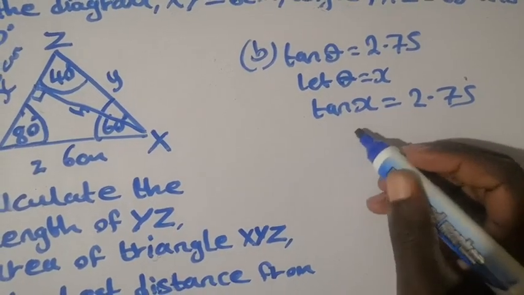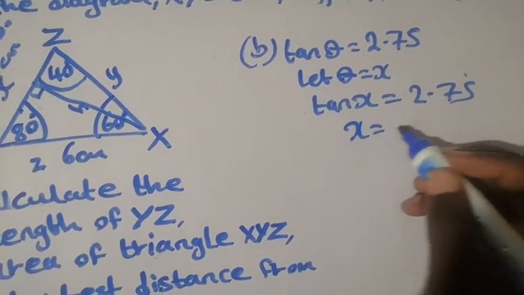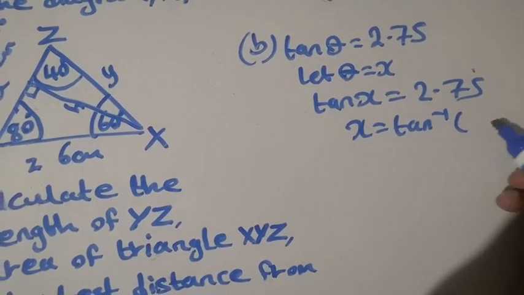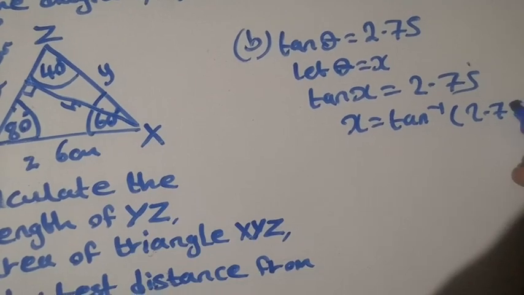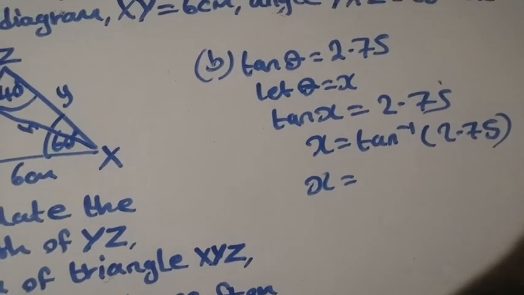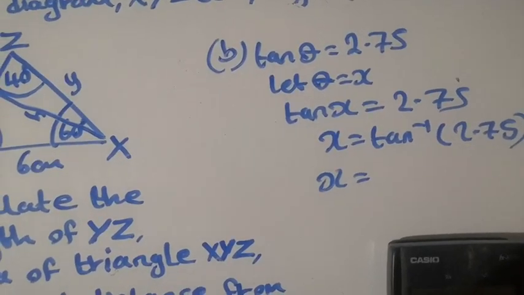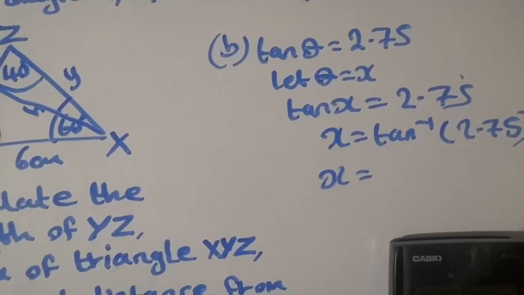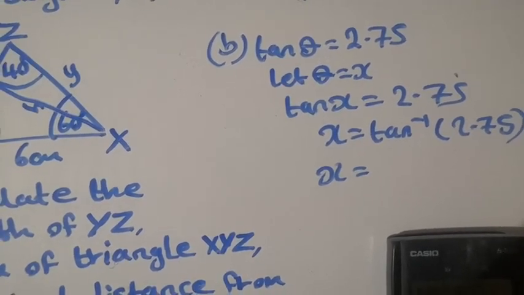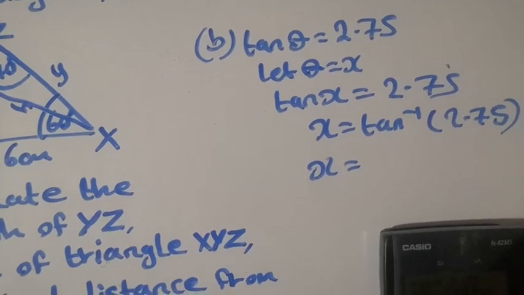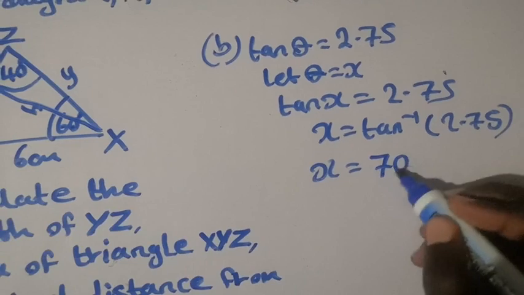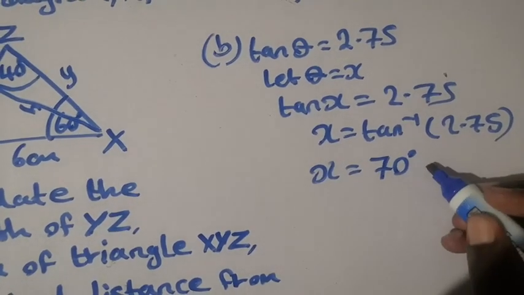Then we solve for x. So x equals tan inverse of 2.75. We punch on the calculator shift tan inverse of 2.75, which is equal to 70 degrees as our reference angle.